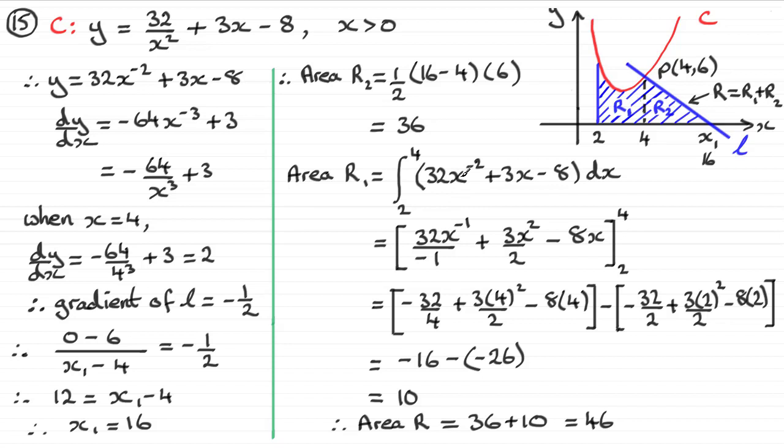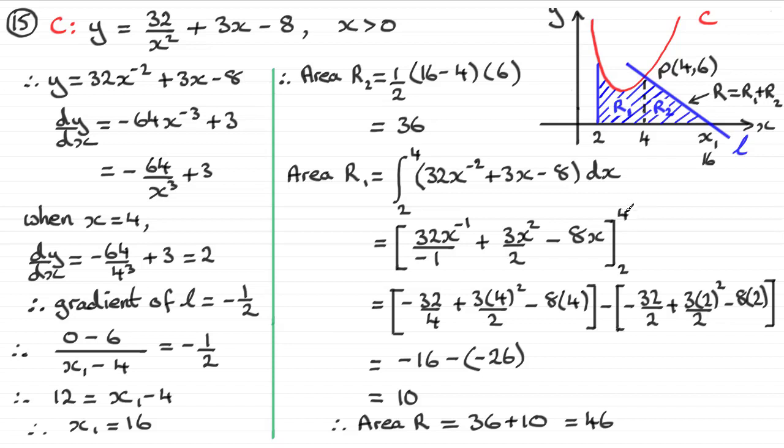So in the usual way, if you add 1 to the power and divide by the new power, you're going to get this term here for 32x to the minus 2. Add 1 to the power minus 1, divide by the new power minus 1. For 3x to the power 1 becomes 3x squared over 2, and for the constant minus 8x.